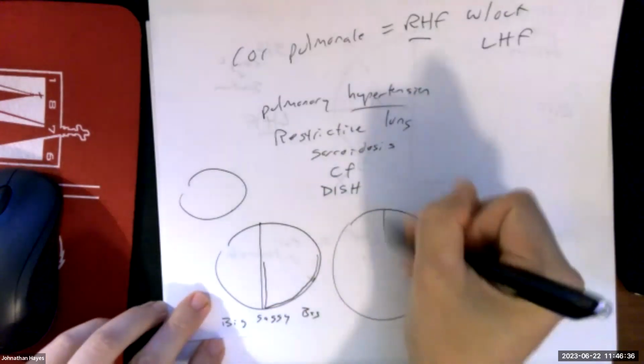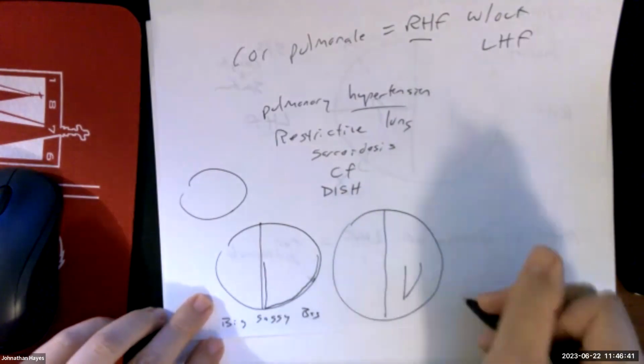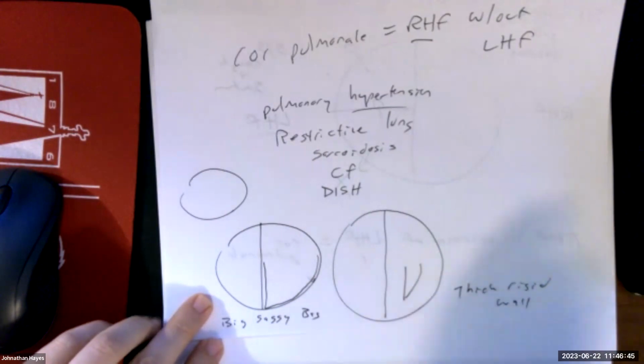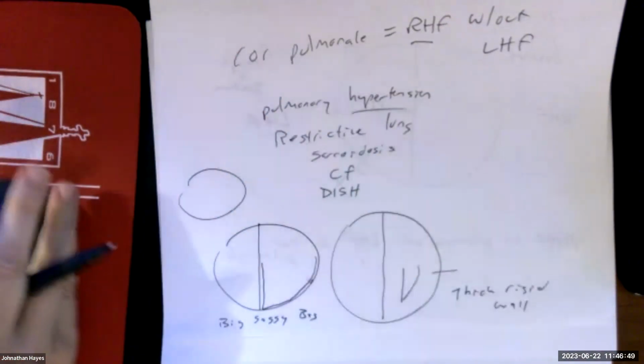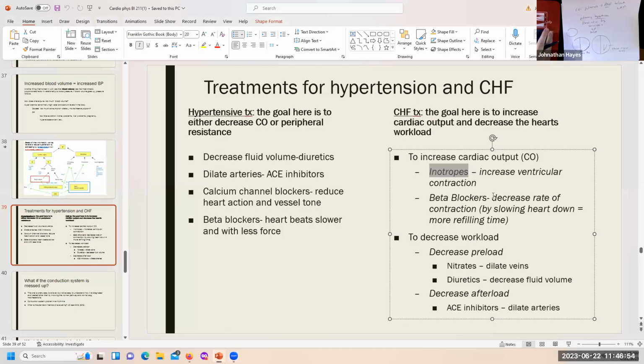But if I have this type of congestive heart failure where it's become too thick, this is the thick, rigid wall type of congestive heart failure, then you need this to relax. So again, maybe beta blockers would be useful. And at the same time, not only will that help it relax, it's also going to give us more refilling time because it slows down the heart rate, right?